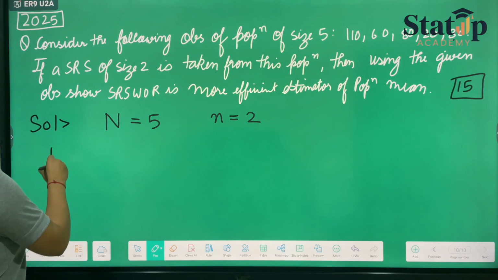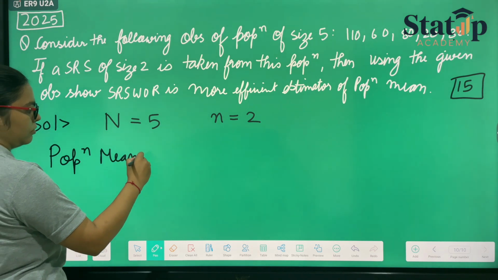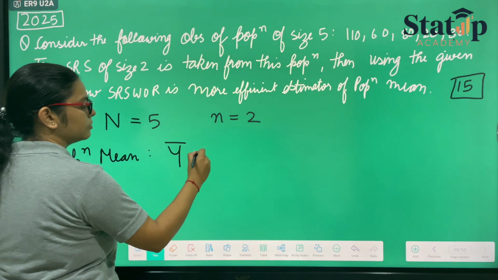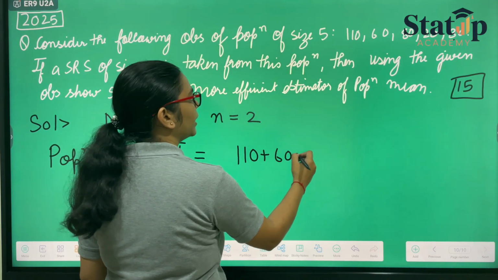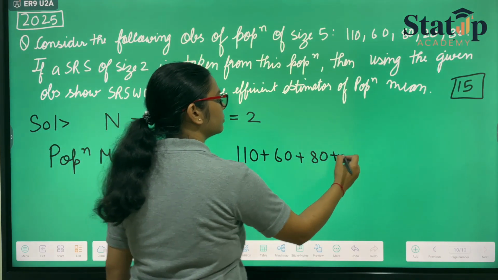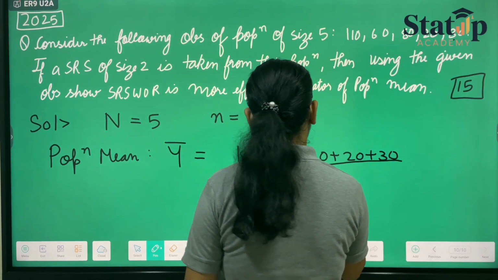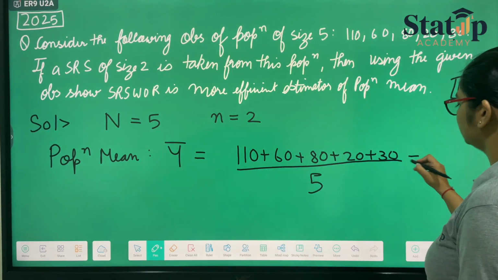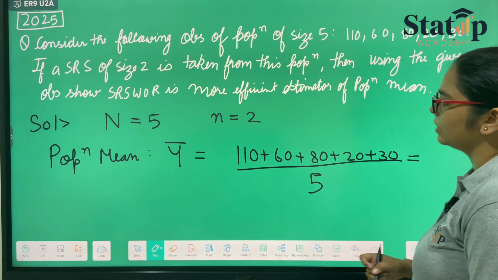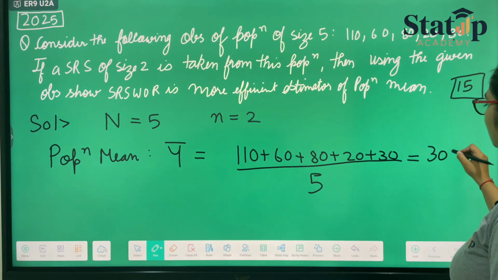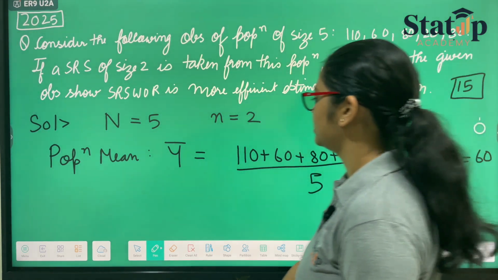Now we know that population mean, which is capital Y bar, is nothing but adding all the quantities and dividing by the total number of quantities, divided by 5. 50 plus 80, 130, 130 and 170, 300 by 5, which gives us 60. So our Y bar is 60.